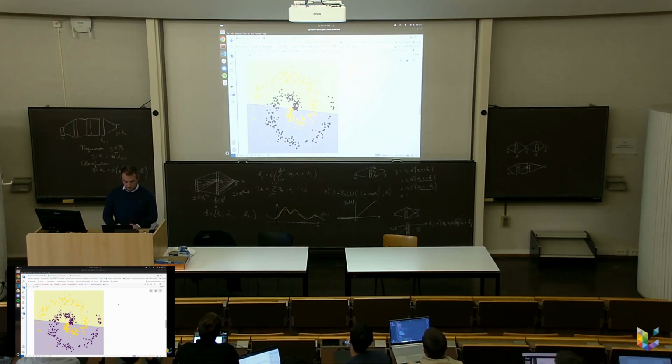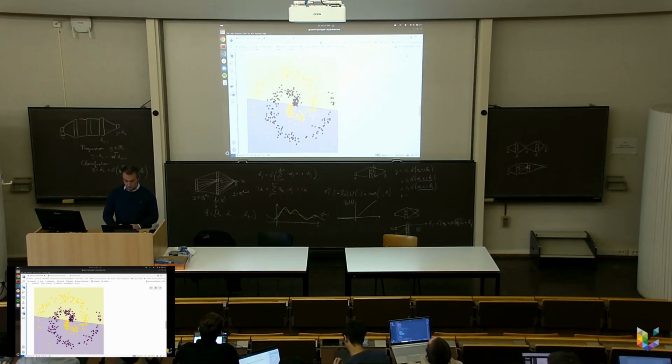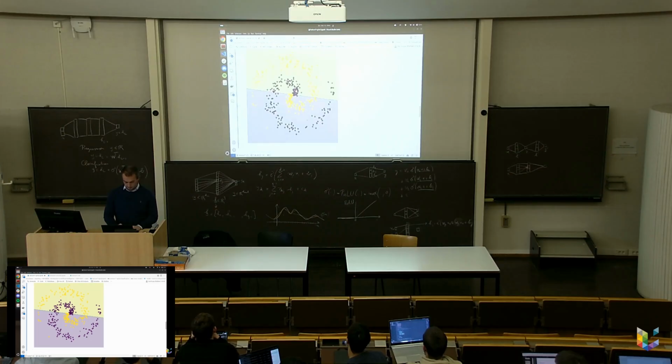If you do that, you would arrive at this kind of model after training, in which most of the yellow dots are put all together, and most of the dots from the other class are also put together. But of course, since obviously you cannot linearly separate these points, there is only so much you can do with the linear model, and all the points in this region or in this region will be incorrectly classified.